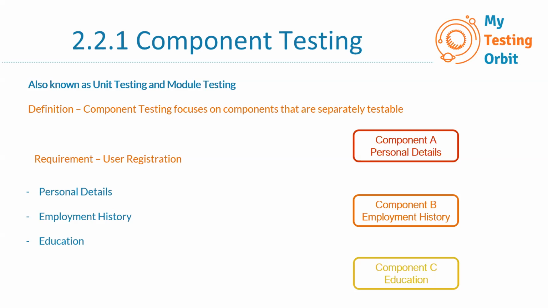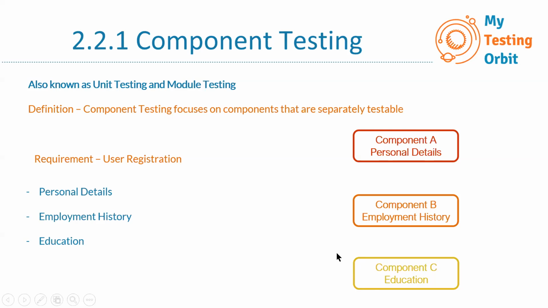Now these 3 different modules are our components. Personal details is our component A. Then we have component B, which is employment history, and then component C, which is education.